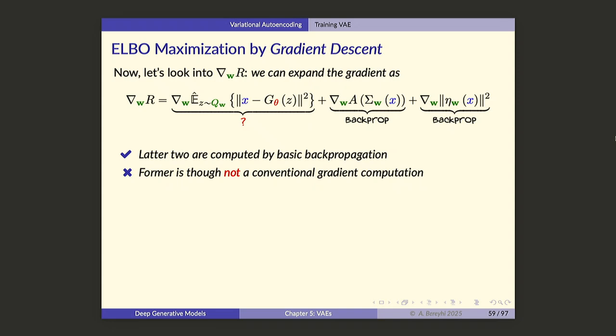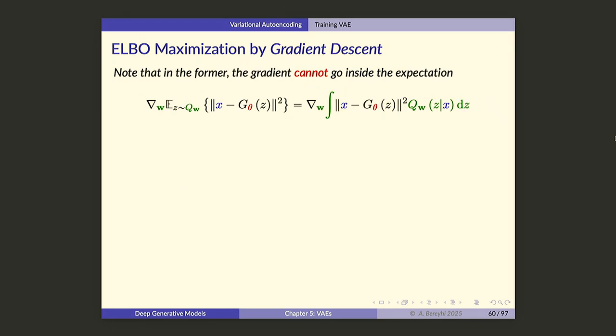The thing that depends on the parameters is the distribution with respect to which we are computing the expectation. This is the challenge, and I just want to clarify why. Take a look at this expression. Assume that I'm able to compute the expectation perfectly.